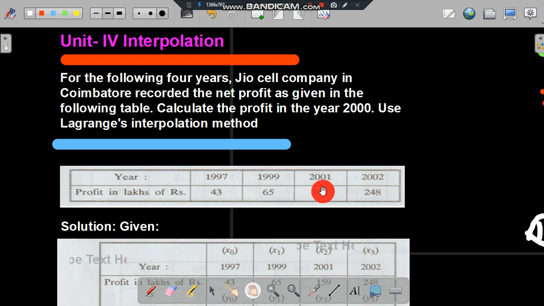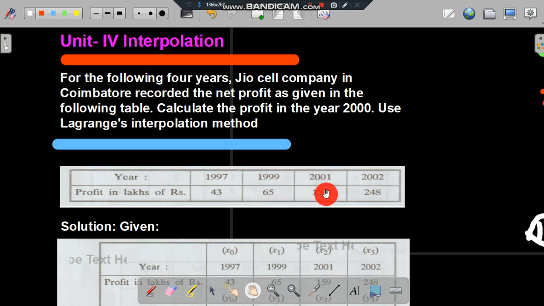Now our question is, take for example, 1998 is not given here. What would be the corresponding profit? If 1997 is asked, we can say 43 lakh rupees profit. If 1999 is asked, we can say this. 2001, we can say this.